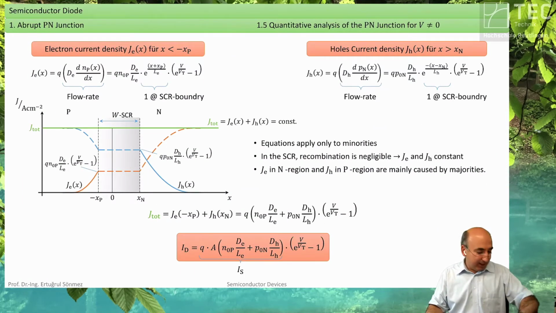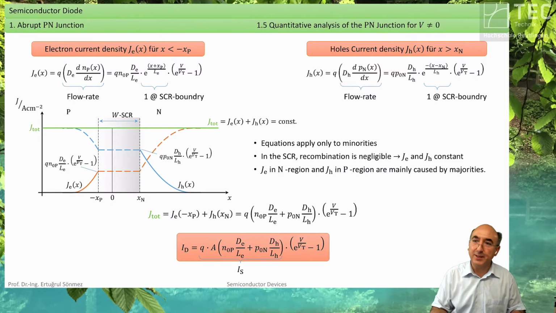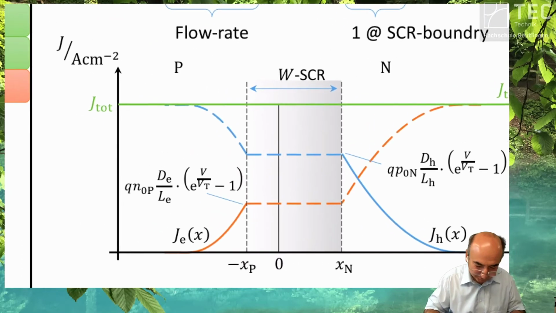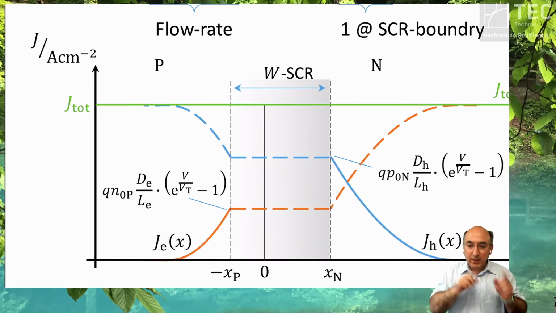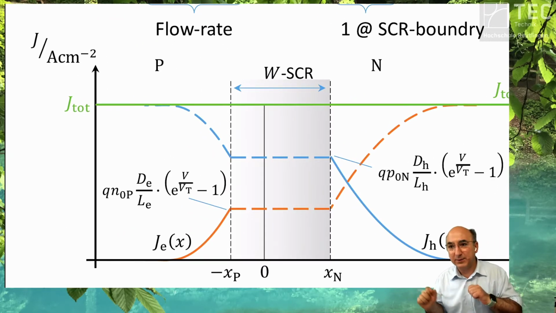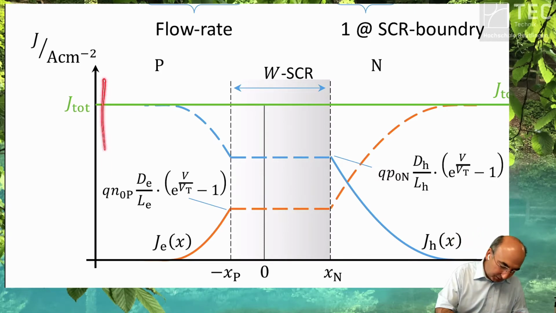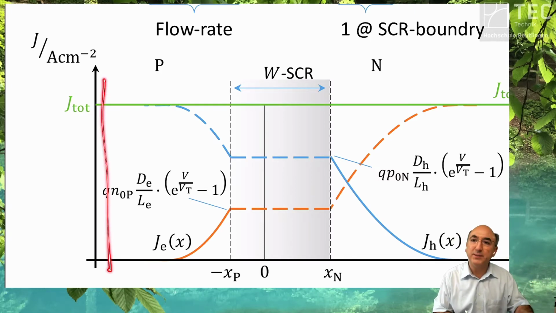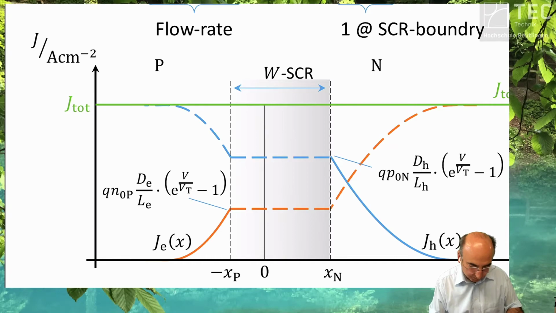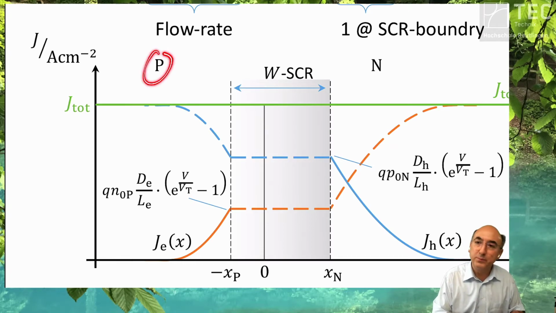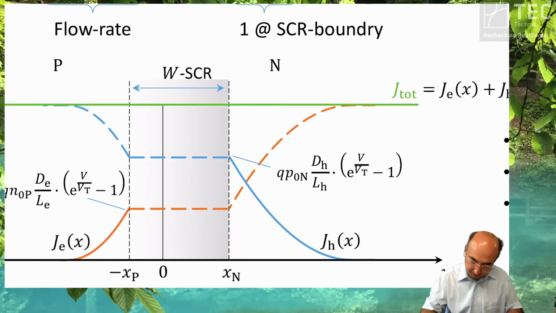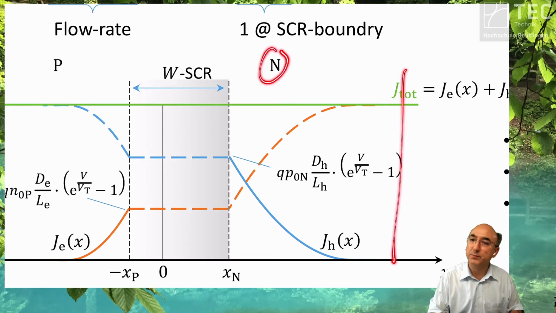let's do the last very complicated, no, very easy step. The current. We know from the flow lines that at the contact, everything is defined by the holes. Everything is defined by the electrons.